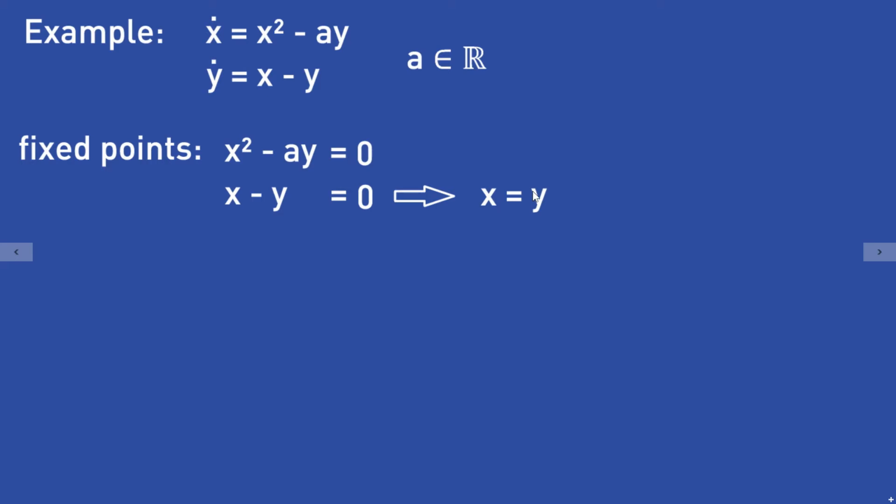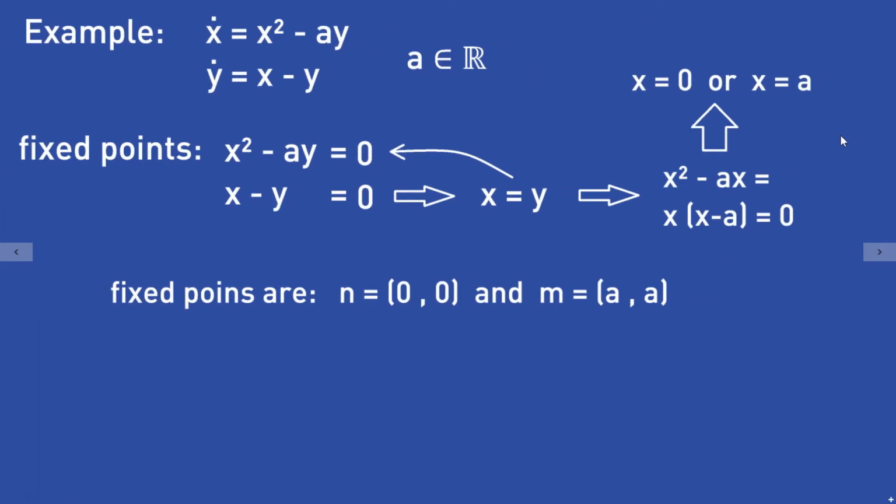Now we insert x is equal to y in the first equation and get x squared minus a times x is equal to x times (x minus a) is equal to 0. So we have just inserted x is equal to y here. Now we solve this here and get the following. x is equal to 0 or x is equal to a, which follows from this here.